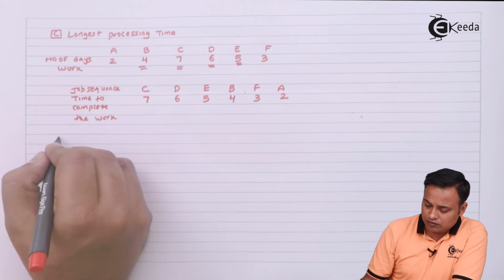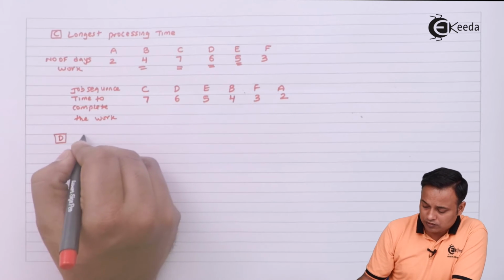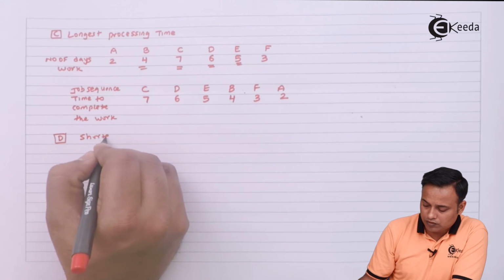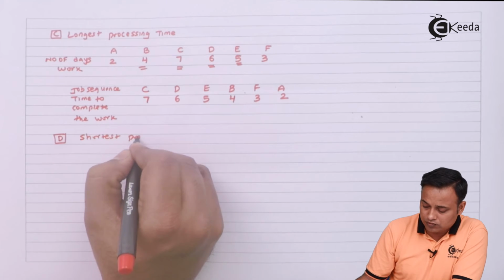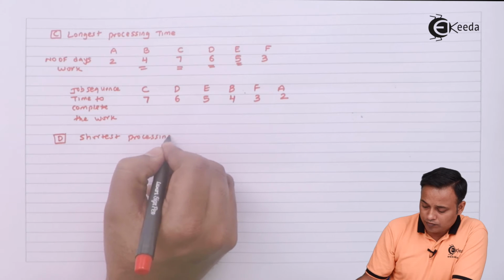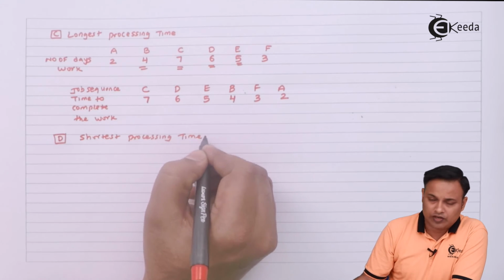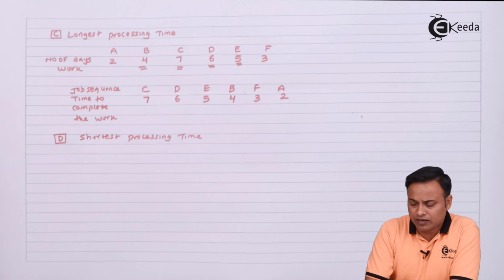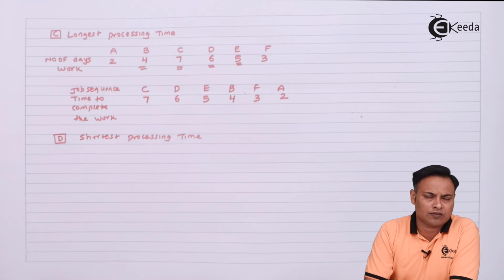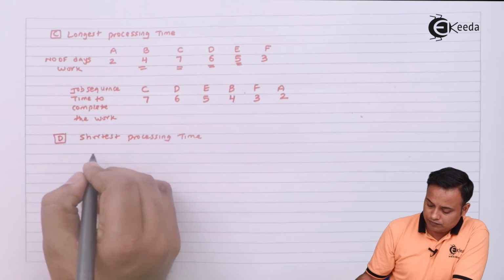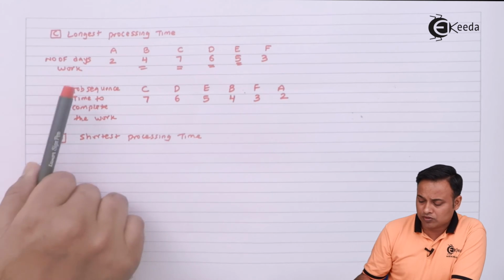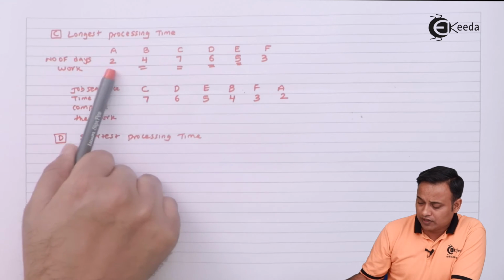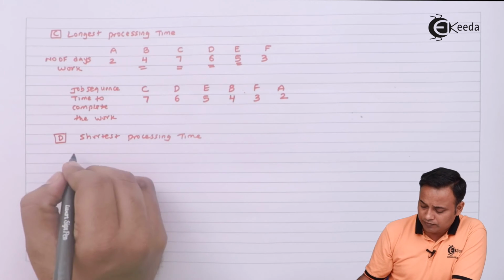Next we have the fourth method, that is the shortest processing time. It will be exactly the reverse of what we did earlier under the longest processing time. We will select that job as the first job, or the first priority, which is taking the lowest time. So based on the above solution, job A will take the lowest time.